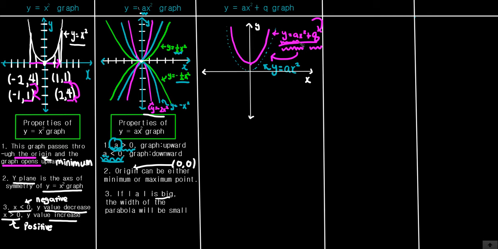In y = ax² + q, q is the value of y, which means the dotted line is the y = ax² graph, but we moved it in the y-axis direction by q.